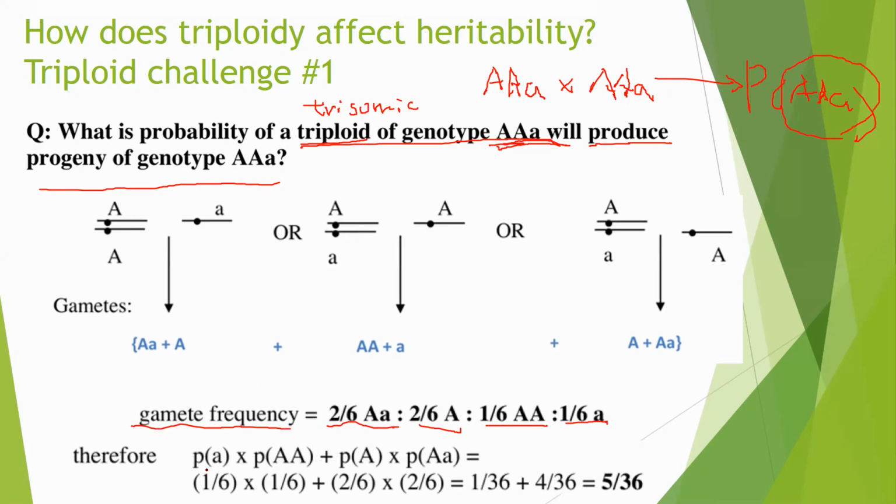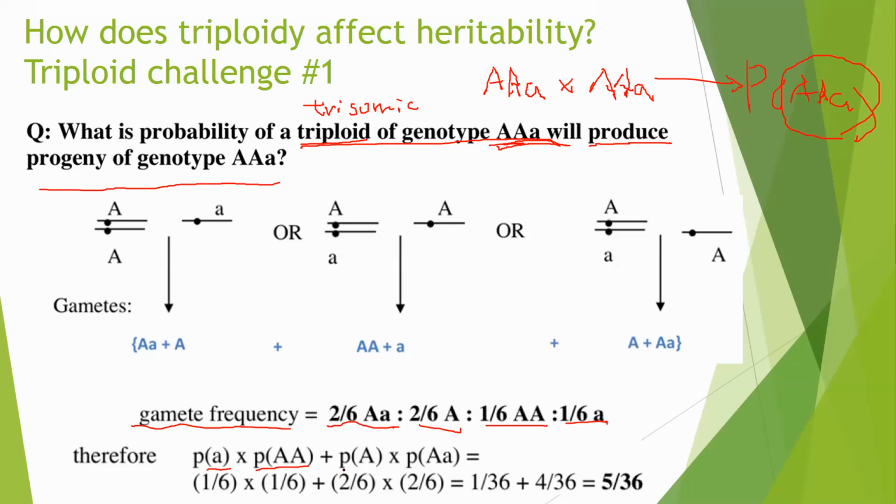Either the first parent will contribute a lowercase a gamete, and the other one will contribute a gamete with the big A, right?